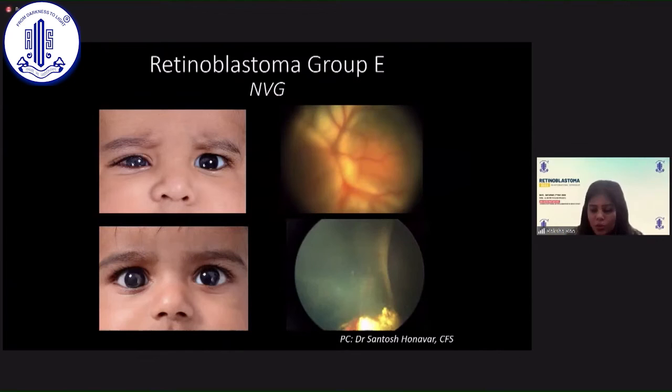So I know you have made a subdivision of A to E in stage 3 of AJCC. Shouldn't NVG have been a little on the higher side, since we know that Dr. Carol Shields also has published a paper where they have mentioned an NVG case which was salvaged?